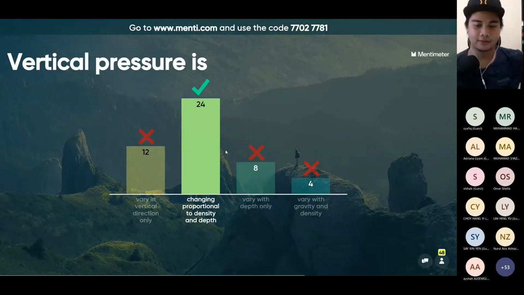Alright. For this part, we have derived it before: pressure in the y direction or z direction equals P0 plus half rho g delta z.